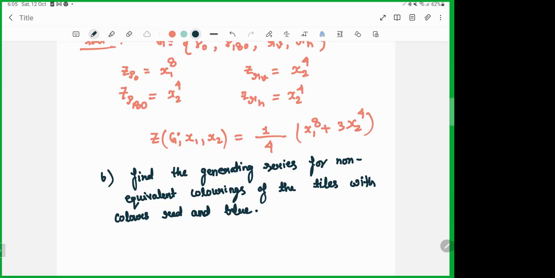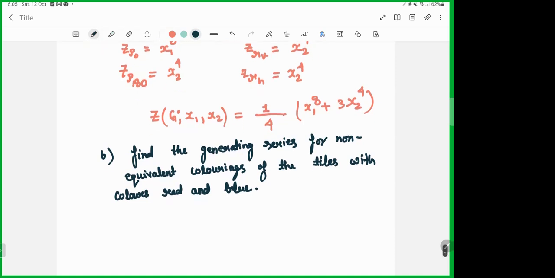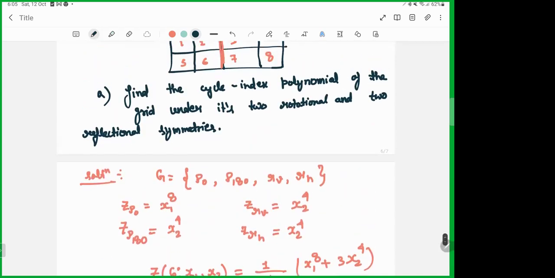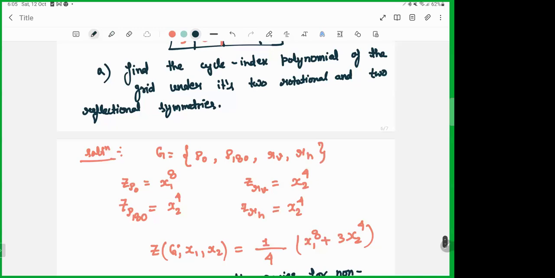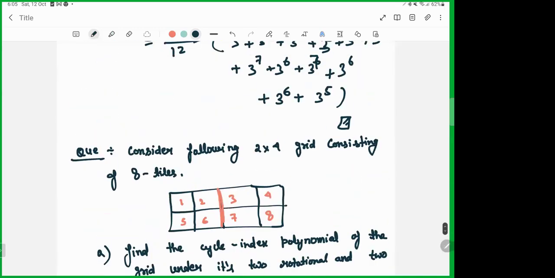We substitute the colors in the polynomial. How many colors do we have? Two colors, red and blue.